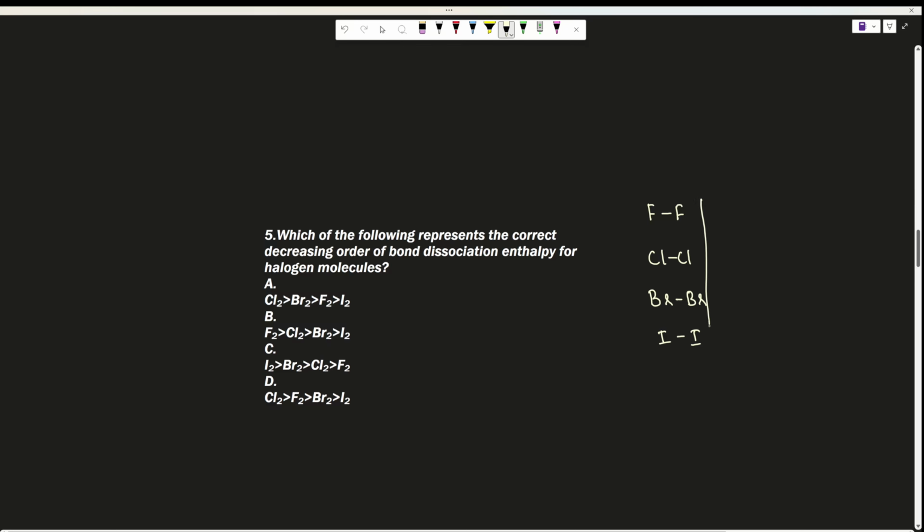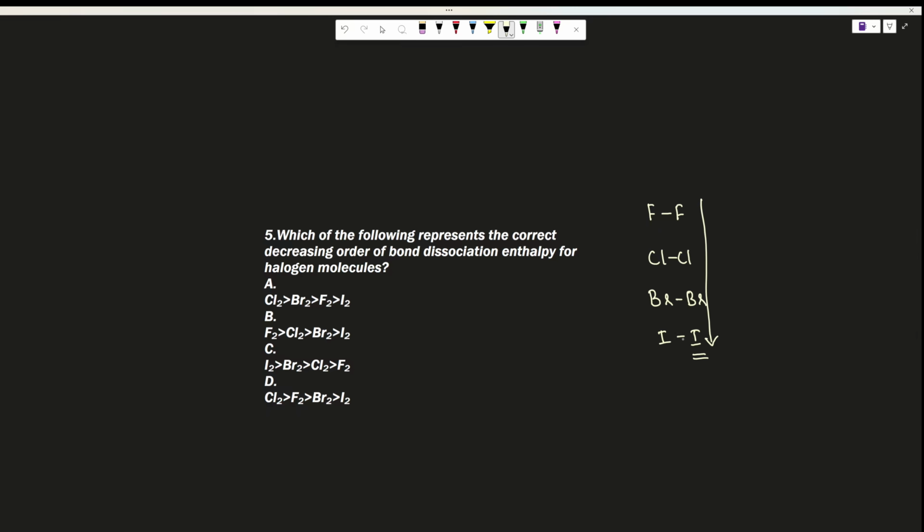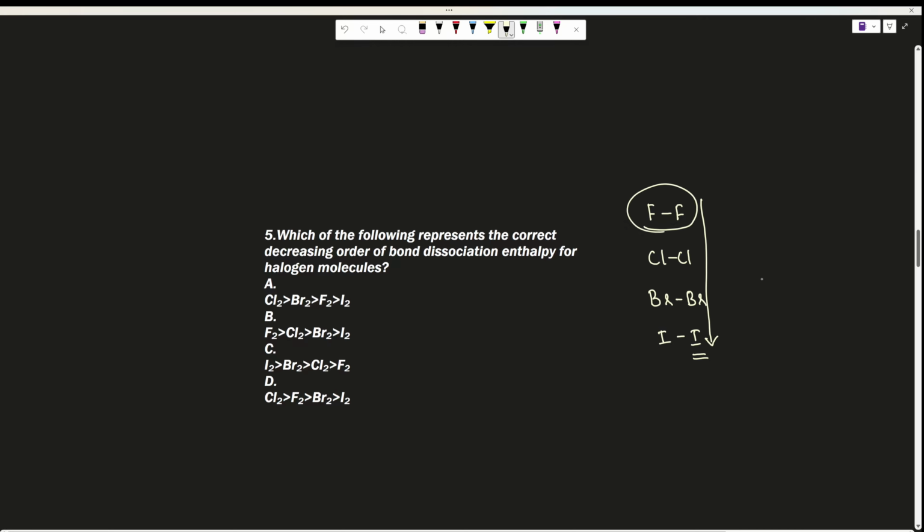You know that as you move down the group, the size will increase. So when size increases, the bond dissociation energy has to decrease. That means the order should have been F2 greater than Cl2, then Br2, then I2. But here fluorine is an exception again.